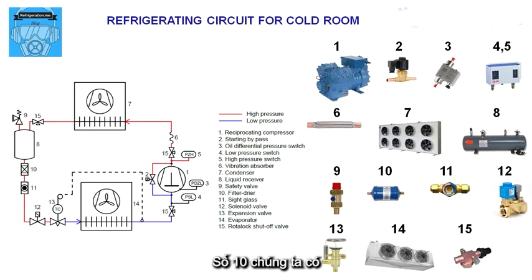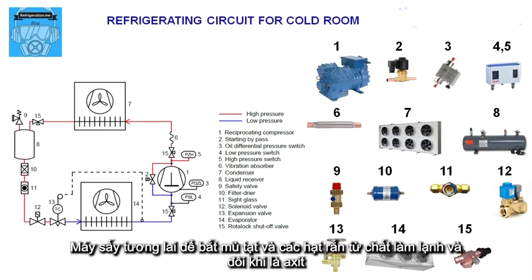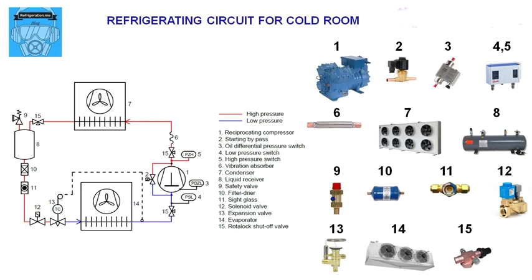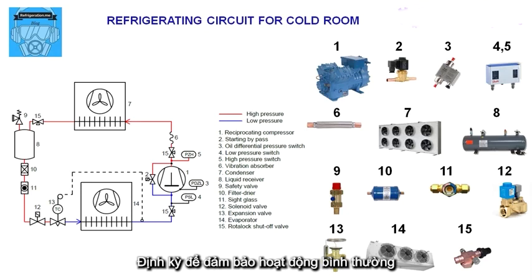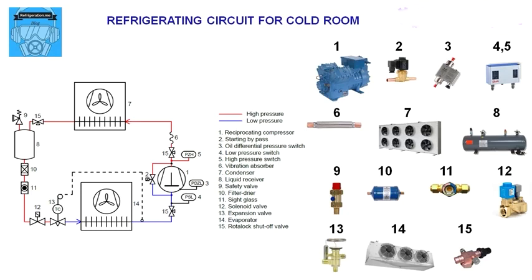Number 10 we have the filter dryer to catch moisture and solid particles from the refrigerants and sometimes acids. This must be replaced periodically to ensure a proper functioning. Number 11 is a side glass to check we don't have flash gas in the liquid line. Otherwise we have problems with the expansion valve.